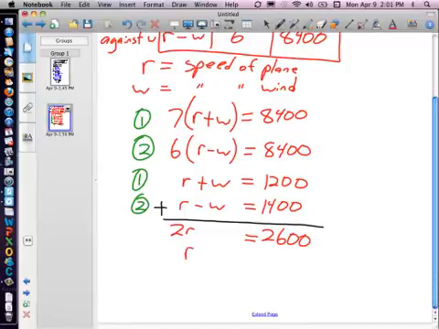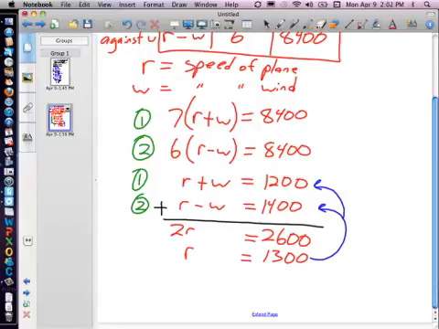Dividing both sides by 2, we get R equals 1,300. Now we could go all the way to the beginning and plug into the 7 times the R plus W and all that. But look how much simpler it is if we plug in right here or here.